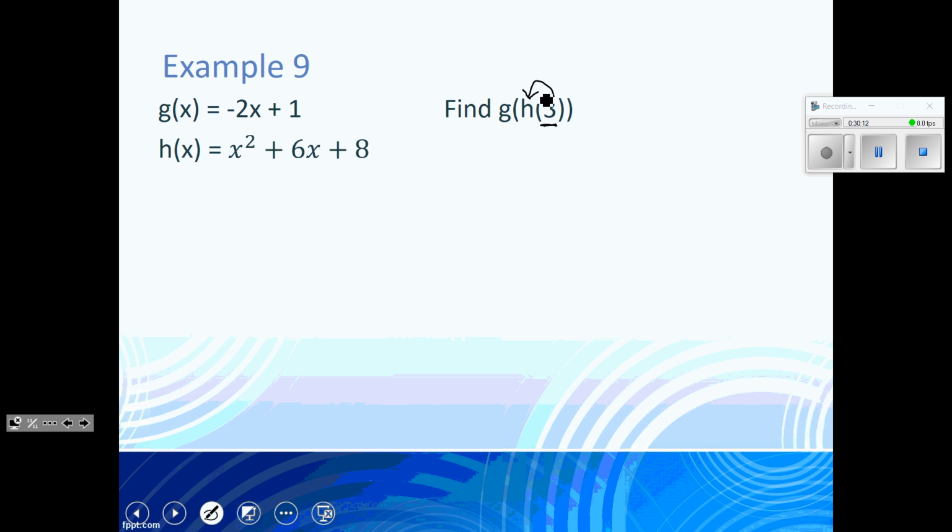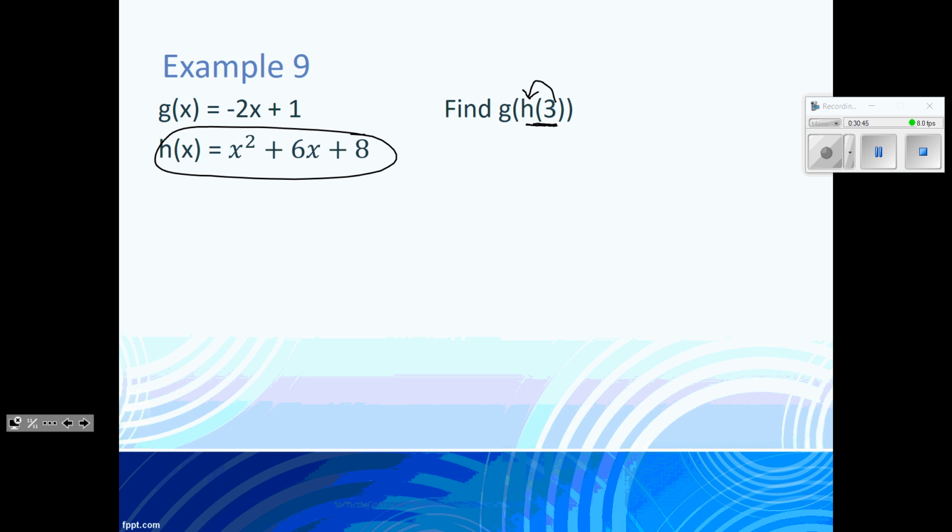So we're going to plug it into the h function, which is this one. And then you're going to take your answer and plug it into the g function. Because this says find h of 3 first. My top one is a g function. I'm trying to find h of 3. You plug in what you get once you figure this out.